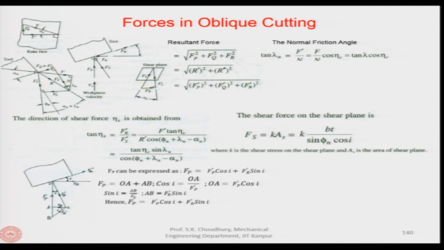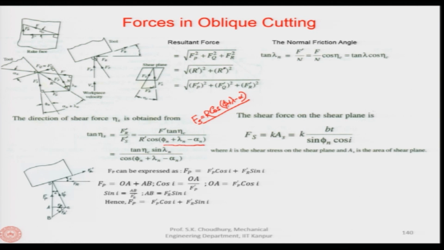So, therefore, Fs prime, that we have resolved the R prime into those components like in the Merchant's diagram. Therefore, the Fs prime will be R prime into cos of phi n plus lambda n minus alpha n. So, I will remind you that Fs in case of Merchant we have written as R cos of phi plus lambda minus alpha. Okay. So, this is same here only with the normal plane.